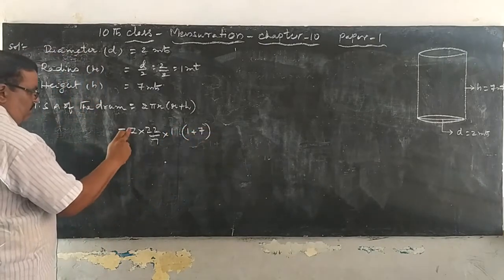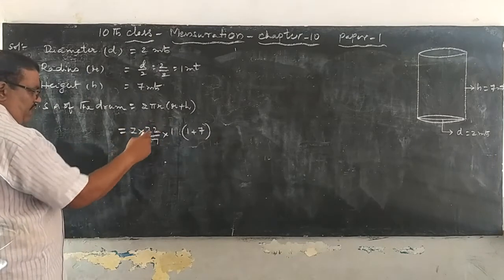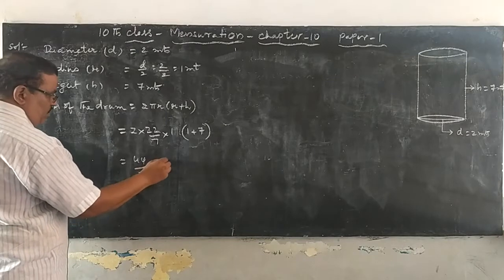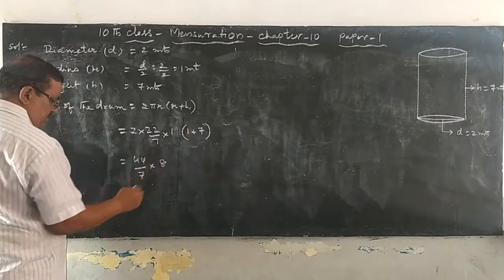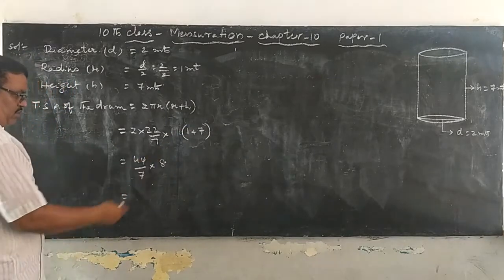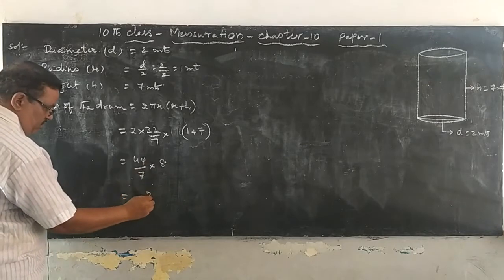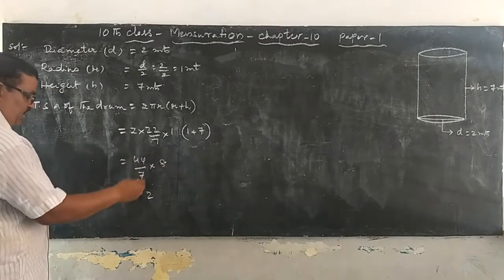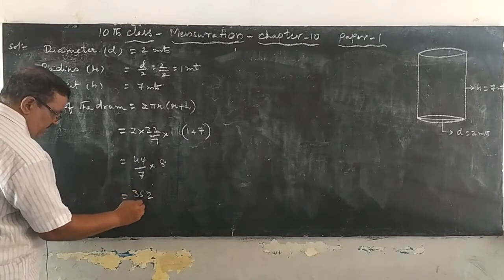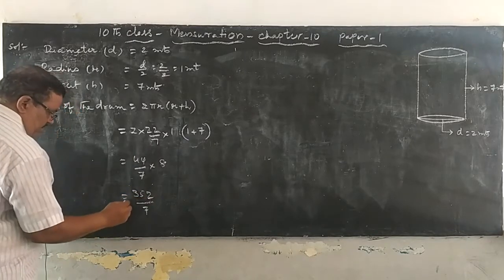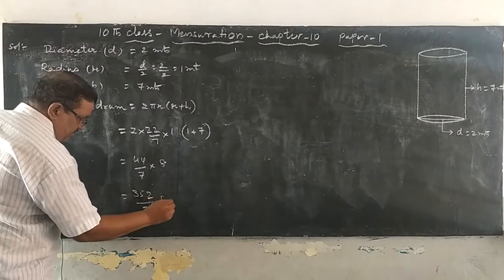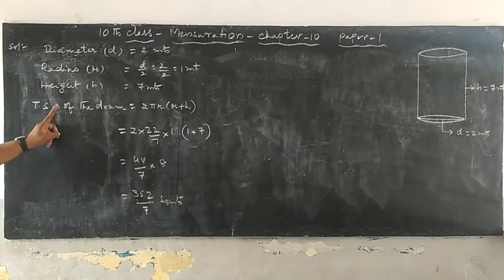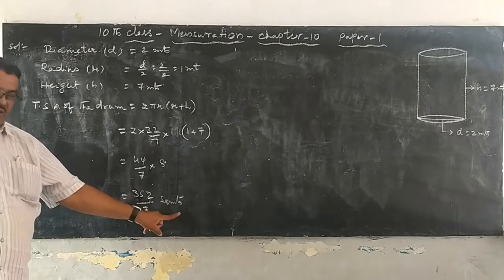That is 2 into 22 is 44, 44 by 7 into 1 plus 7 is 8. When you multiply both, 8 4s are 32, 3 is the remainder, 32 plus 3, 35 by 7. This much square meters is the total surface area. Area is always in square meters.